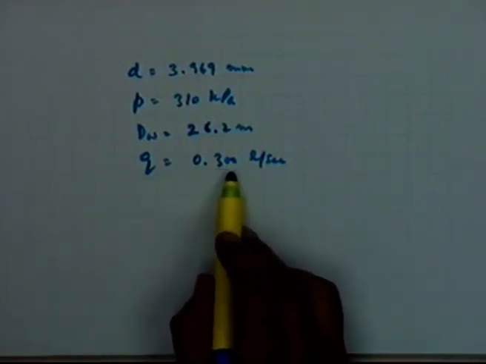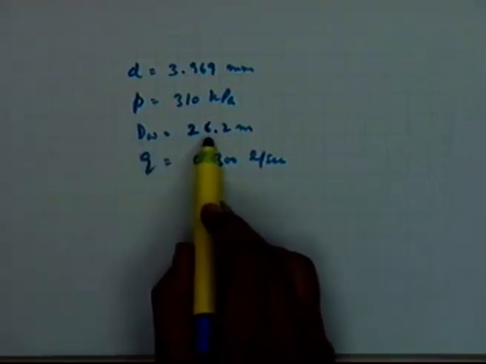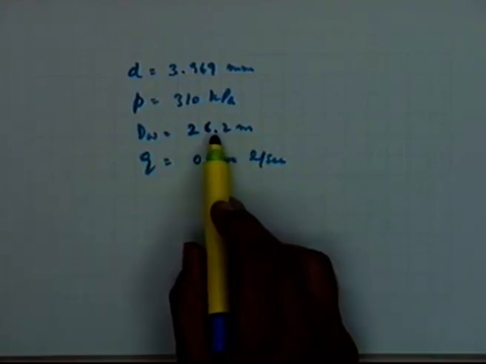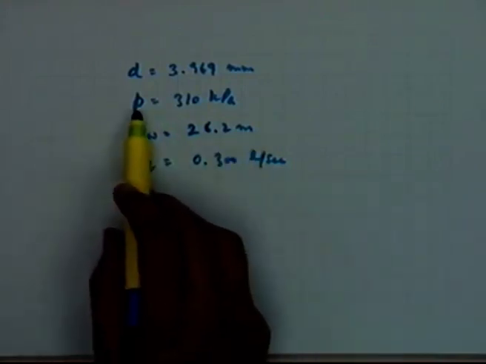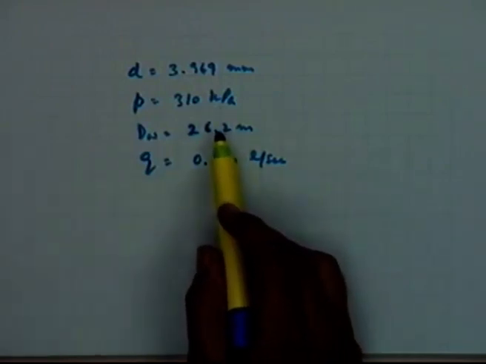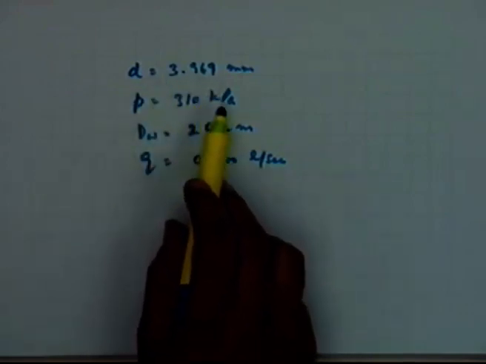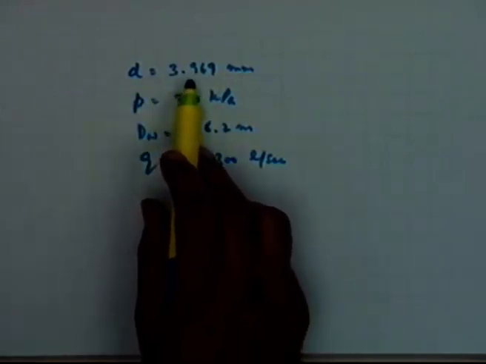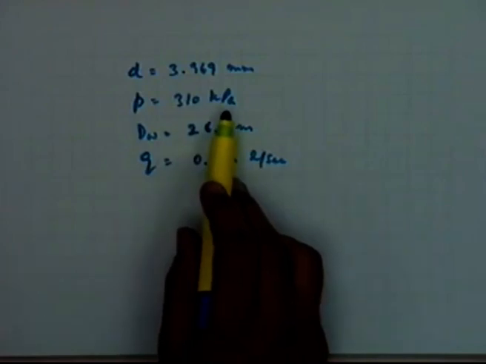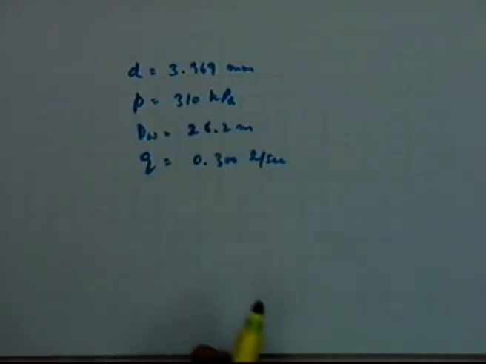Instead of 0.294, you have Q of 0.3, slightly higher, which is okay, within permissible limits. DW is also slightly higher than 25, and this pressure is quite low with respect to the diameter, the lowest possible from the recommendations given by the manufacturer.